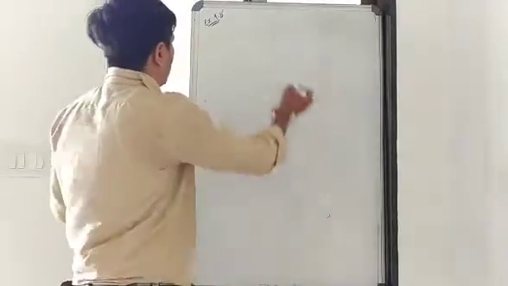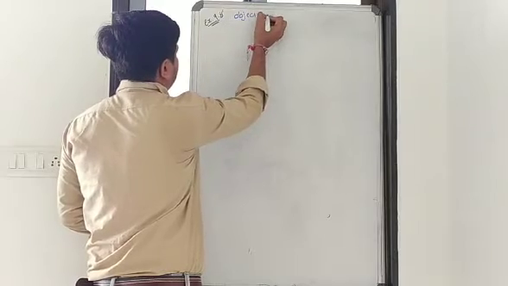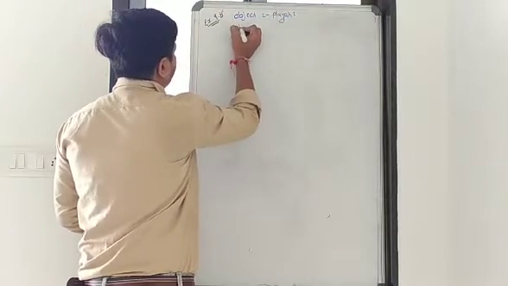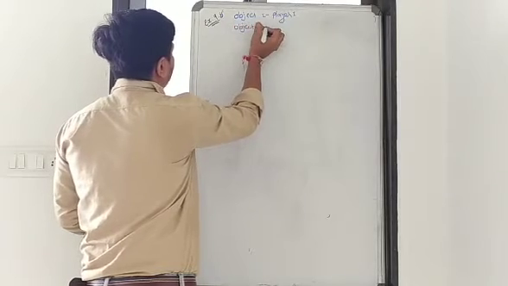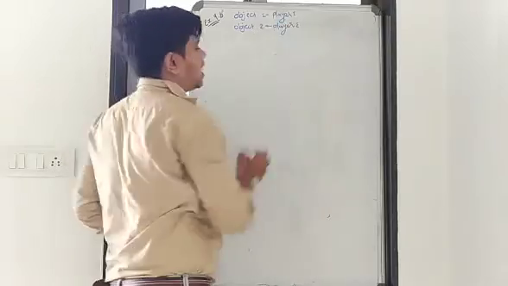So here there are two objects, player 1 and player 2. Object 1 is player 1 and object 2 is player 2. Masses are given to you.